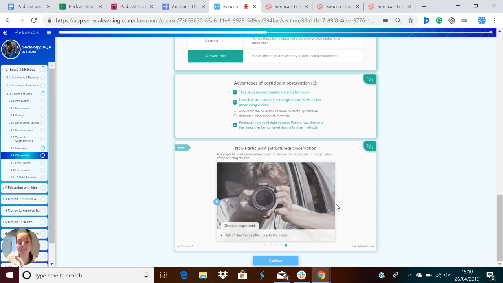It also risks the Hawthorne effect due to the presence of an observer. The use of covert observation devices, such as hidden cameras, is ethically problematic due to the lack of informed consent. And only a small group can be observed, so the sample might not be representative.